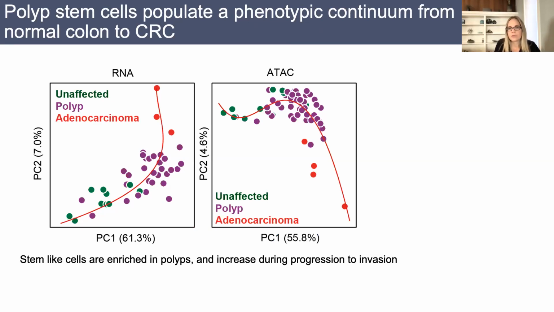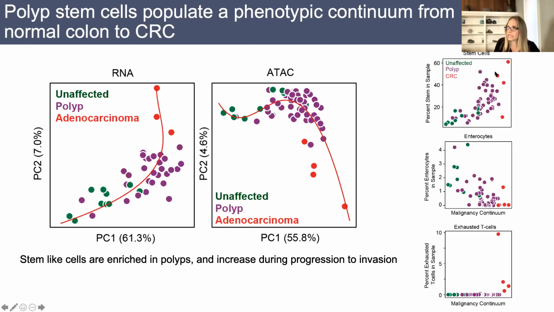Taking all of this data and combining it, we're also able to project the polyp data onto a normal epithelial manifold. When we do this, we observe an enrichment for stem cells specifically within the polyps, and this continues to increase to invasion.